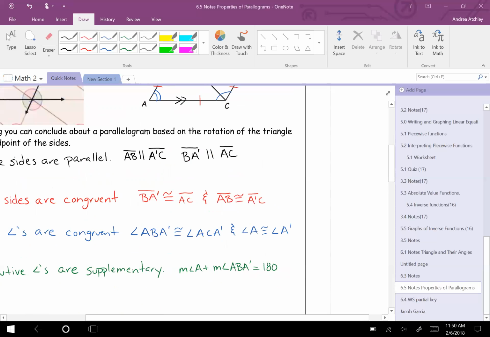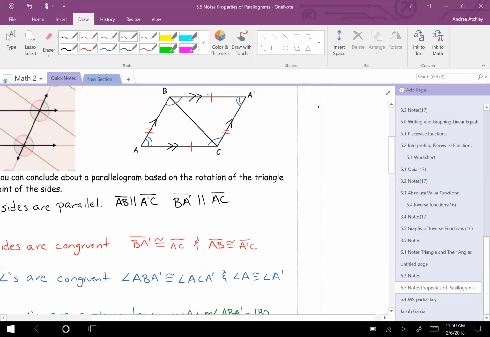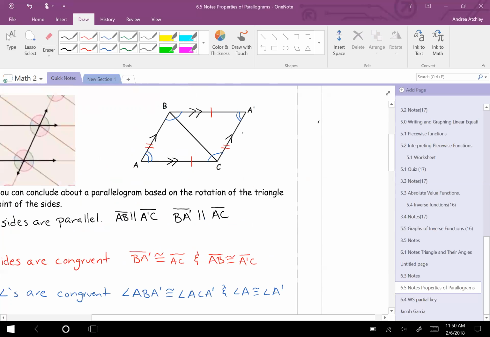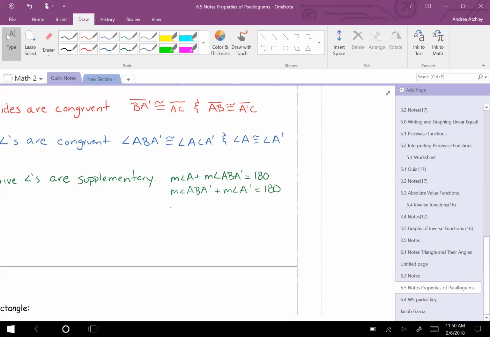So now we're going to do the next one. Angle AB A prime is also supplementary to angle A prime. So the measure of angle AB A prime plus the measure of angle A prime equals 180. Any questions over that? We'll keep going. A prime and then A prime CA are also supplementary.